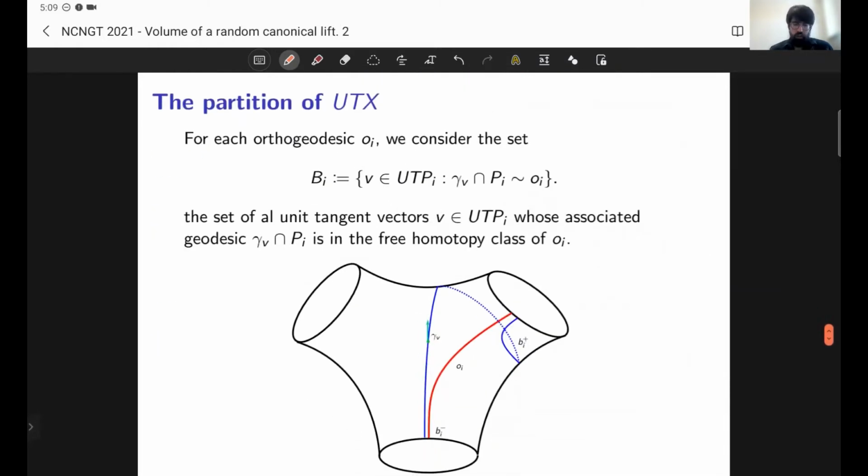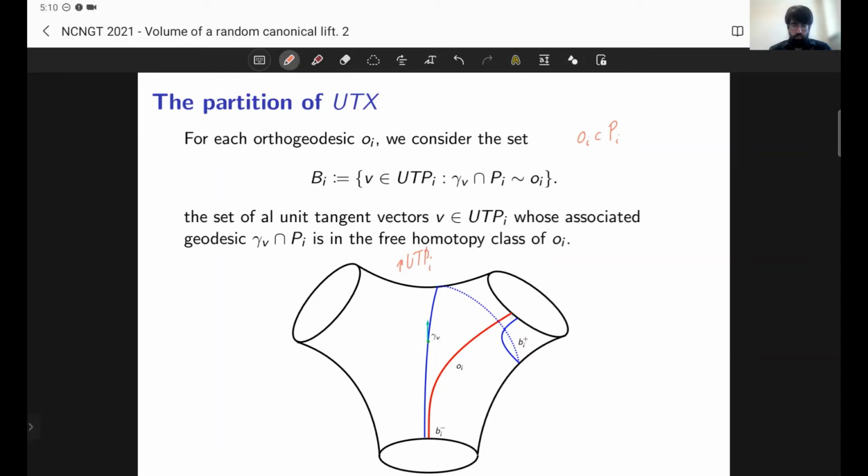After we give this order, we can consider the following set V_i of points in the unit tangent bundle of the pair of pants P_i, so P_i is a pair of pants containing O_i. We look at all the points v in this unit tangent bundle of P_i with the property that the corresponding geodesic gamma_v generated by the point v, a point and a direction, inside of this pair of pants P_i, is freely homotopic to this red orthogeodesic.